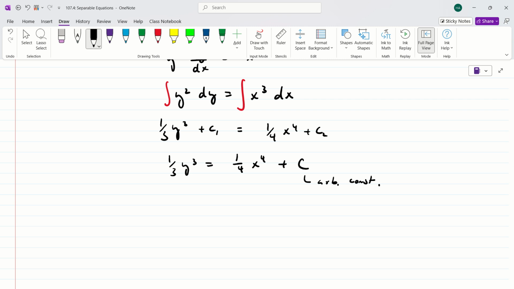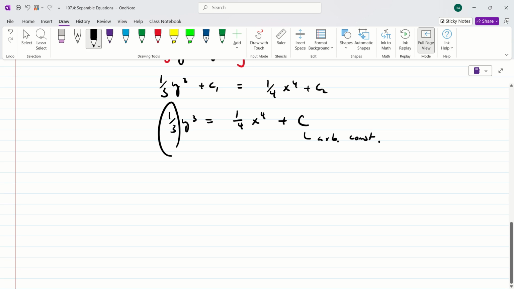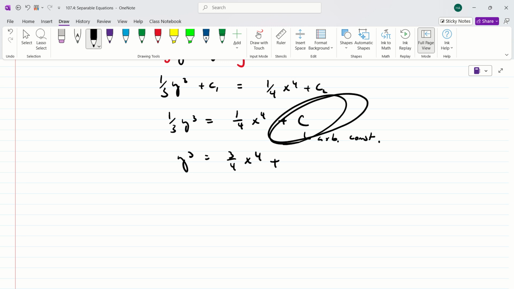Now, we're almost done here. Our job is to solve for y if we can solve for y. In this equation, would you be able to isolate y from the left-hand side? Well, let's get rid of the 1/3 by multiplying both sides by 3. So we have y cubed is equal to 3/4 x to the fourth plus, and when I take this arbitrary constant and multiply it by 3, I'm going to get another arbitrary constant.